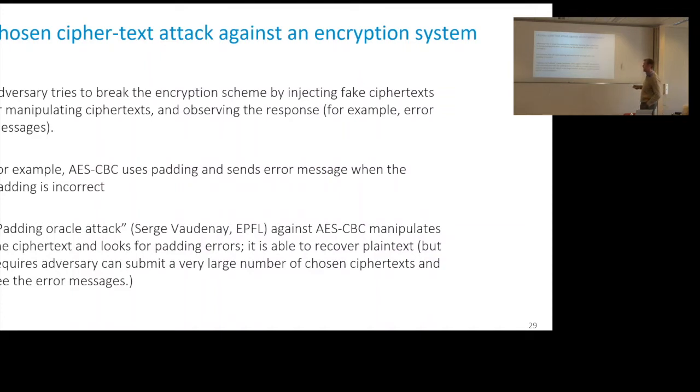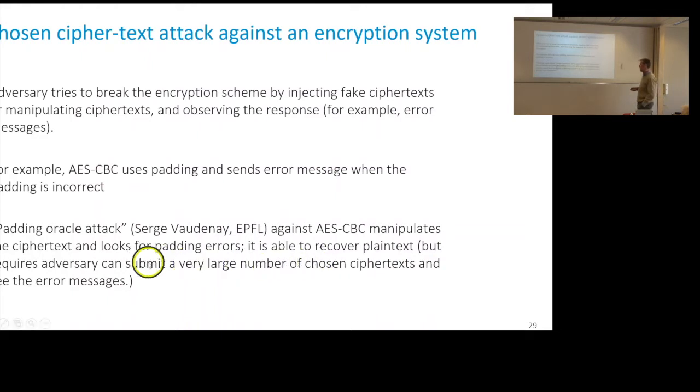Giving that in more detail would be too long, but this was done by one of our colleagues here at EPFL, Serge Vaudenay, who did a paper on the padding oracle attack against precisely the symmetric cryptographic scheme we have seen, that is able to get some information about the plain text by repeatedly generating a number of error messages.